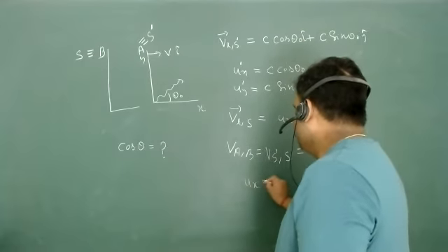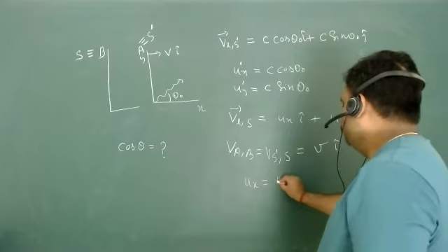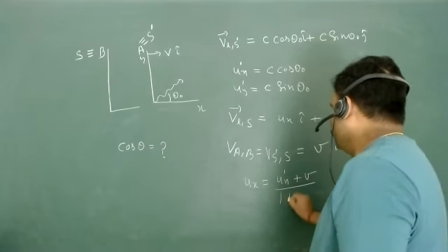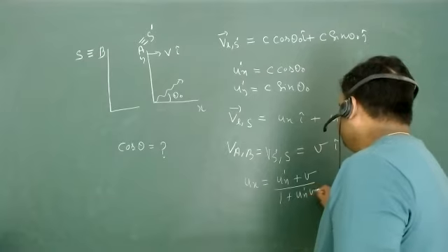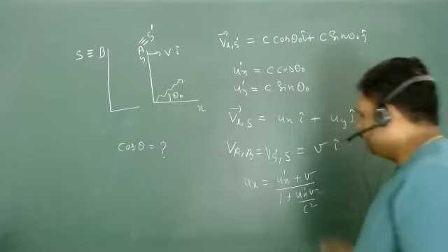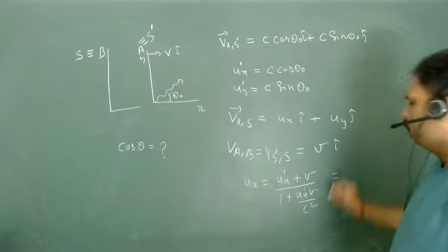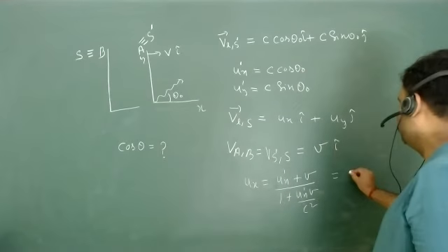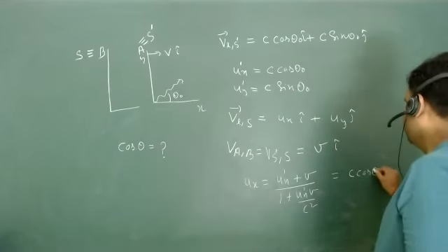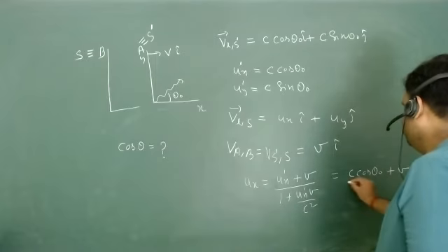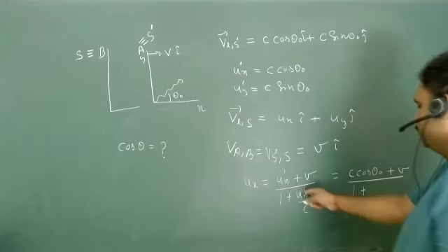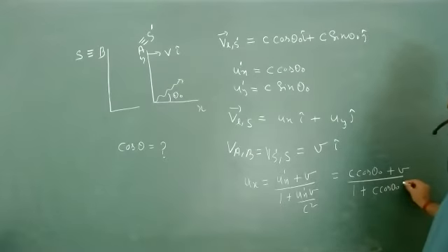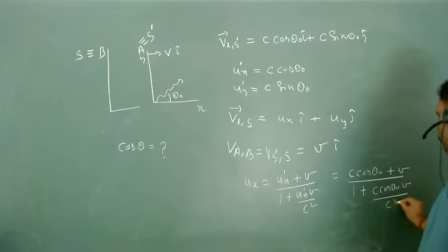I can get Ux is equal to (Ux dash plus V) upon (1 plus Ux dash V upon C square). So I can put this value, where Ux dash is nothing but C cos theta naught, as C cos theta naught plus V, over 1 plus C cos theta naught V upon C square.